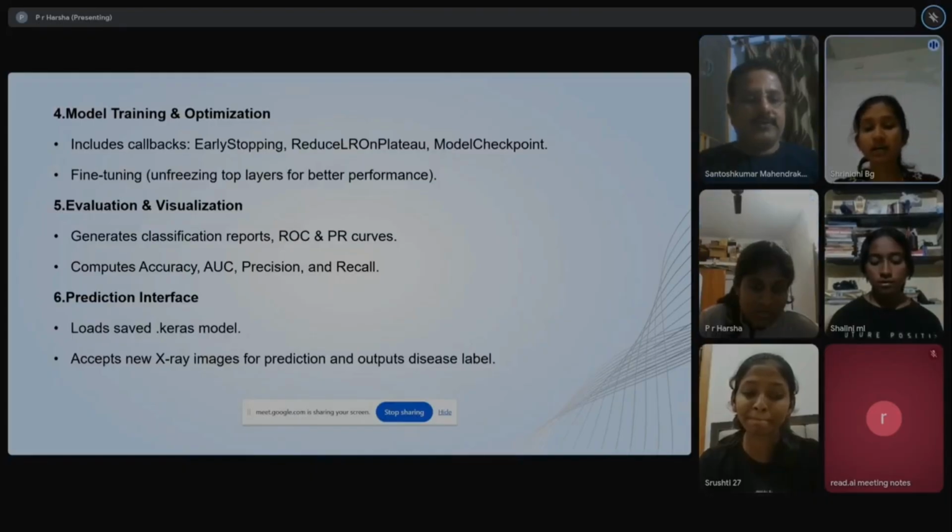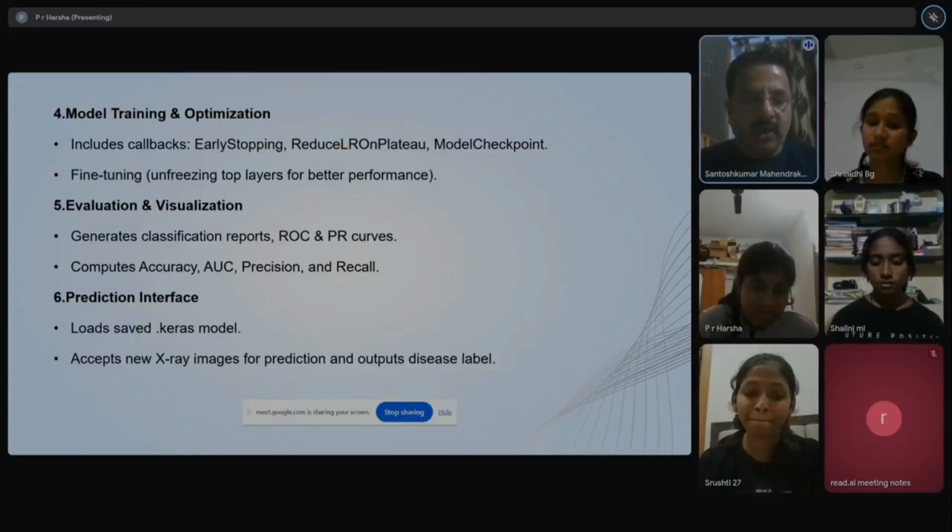Sir, area under ROC curve means which plots the true positive rate, TPR equals recall, versus false positive rate across the threshold, sir. No, area under ROC means what? ROC stands for what? ROC.